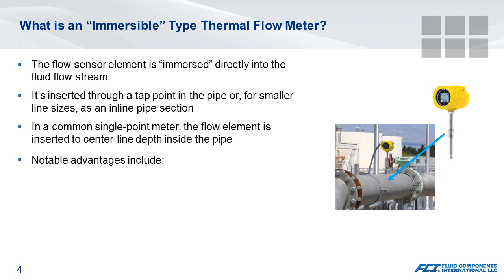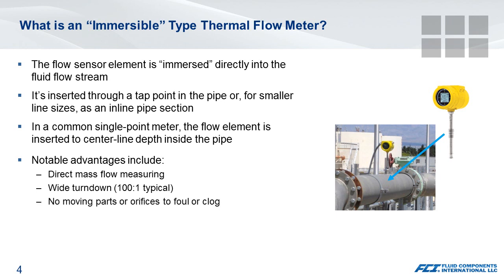There's no orifices to foul or clog up, which makes them inherently reliable with no routine maintenance. And as the pipe size goes up, the only thing that happens for the most part is the insertion length of the flow element gets longer. So the cost does not grow proportionally with the pipe size.